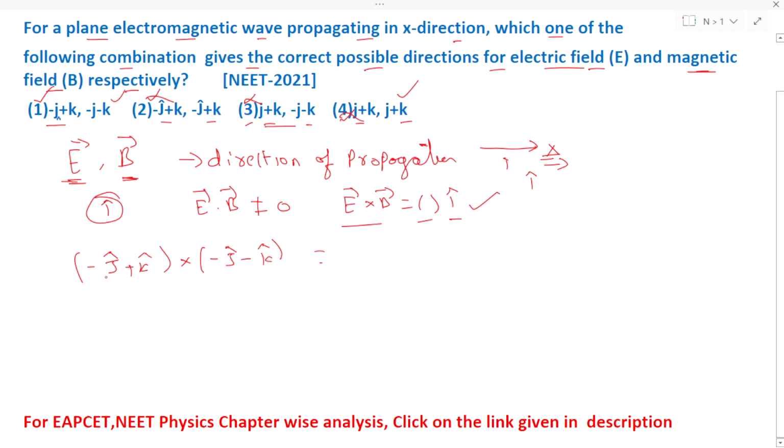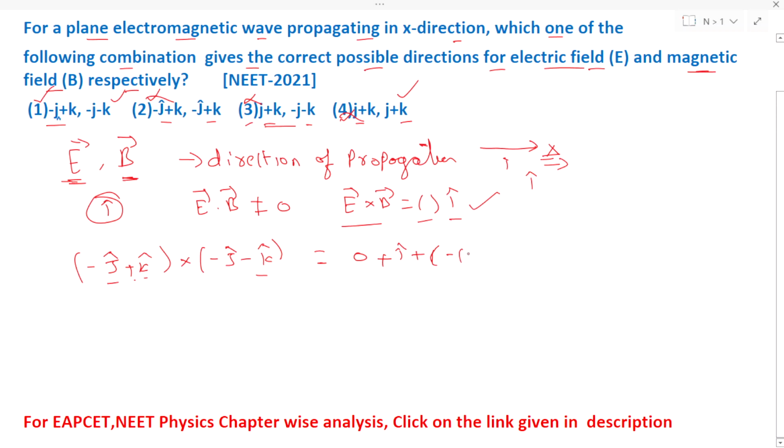Now, minus J cap cross minus J cap is 0. Minus J cap cross minus K cap, that is plus J cap cross K cap, will be I cap. Plus K cap cross minus J cap, that is minus of K cap cross J cap, that is the reverse direction, no?